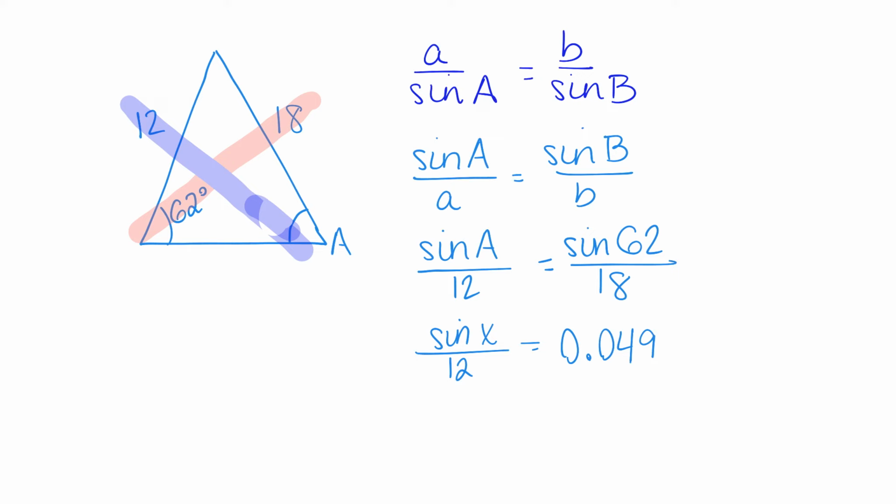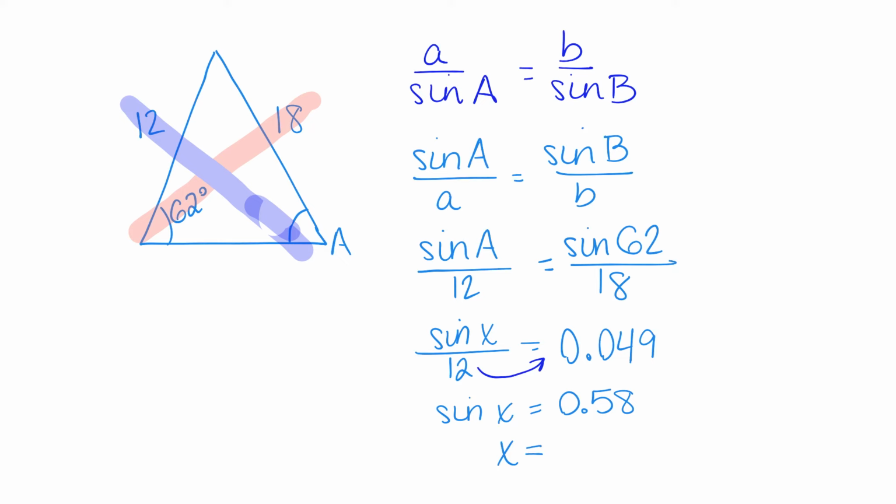We're trying to get x alone, so we're going to multiply by 12 to get it out of the bottom. So sine of x equals 0.049 times 12, which is 0.58. Now, like in SOHCAHTOA, when we're looking for a missing angle, we need to unsine the x, which means we use our second function button.